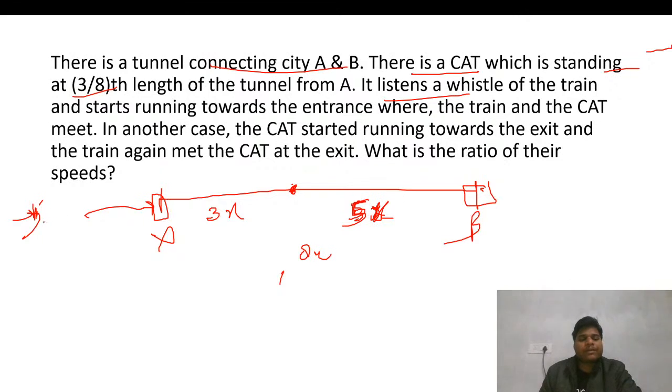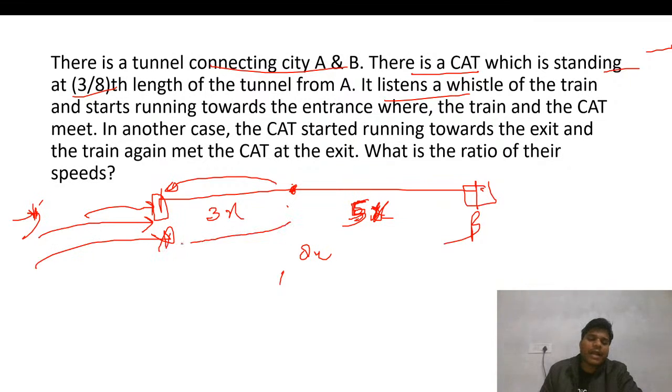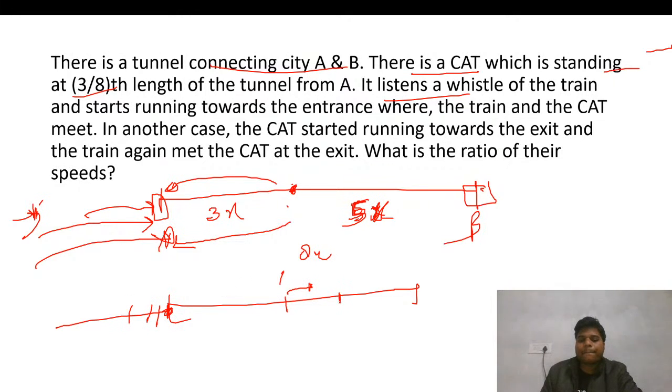So now what will happen? Suppose in this direction the train is coming, this cat is coming. So that means in the time the train covers this distance, the cat covers 3x distance. Now suppose the train is here and the cat is running in this direction. When the train reaches here, it will cover 3x distance, so the remaining distance will be 2x.